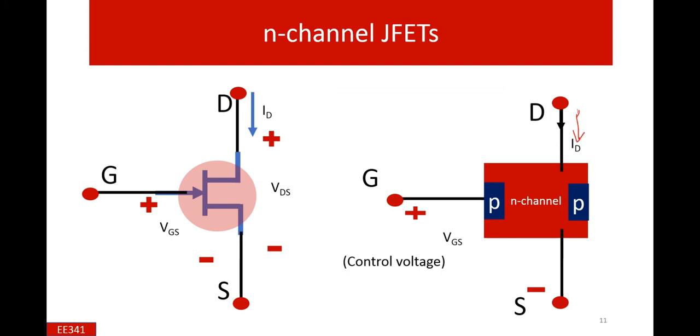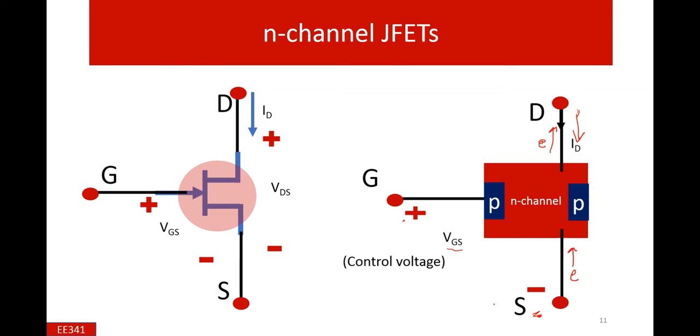But for the N channel JFET, this is the source of the carriers, so electrons are moving from source towards the drain, with the control of the field, and the field is developed by applying a potential between gate and source, which is VGS, a control voltage.